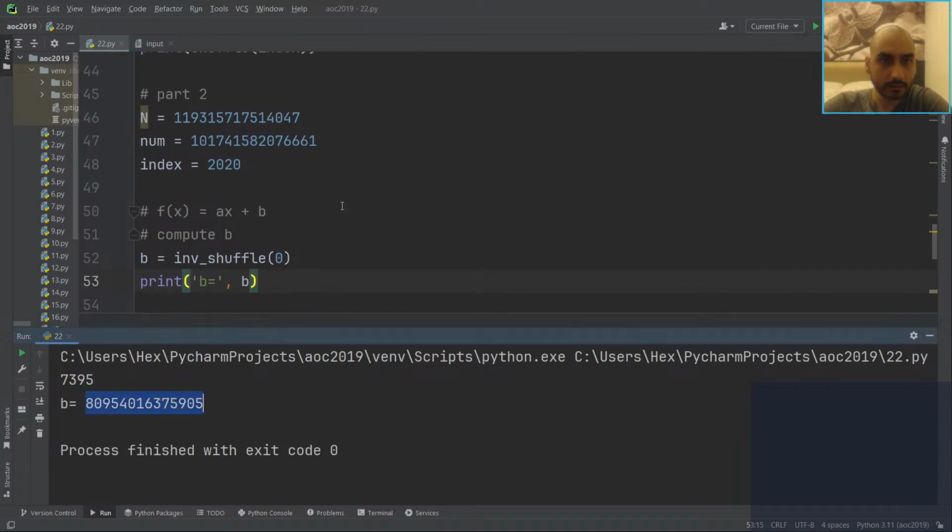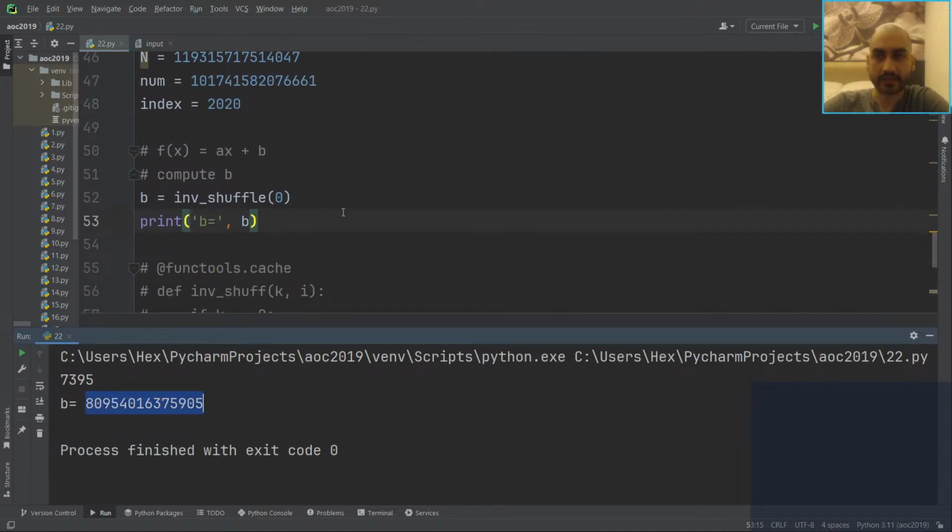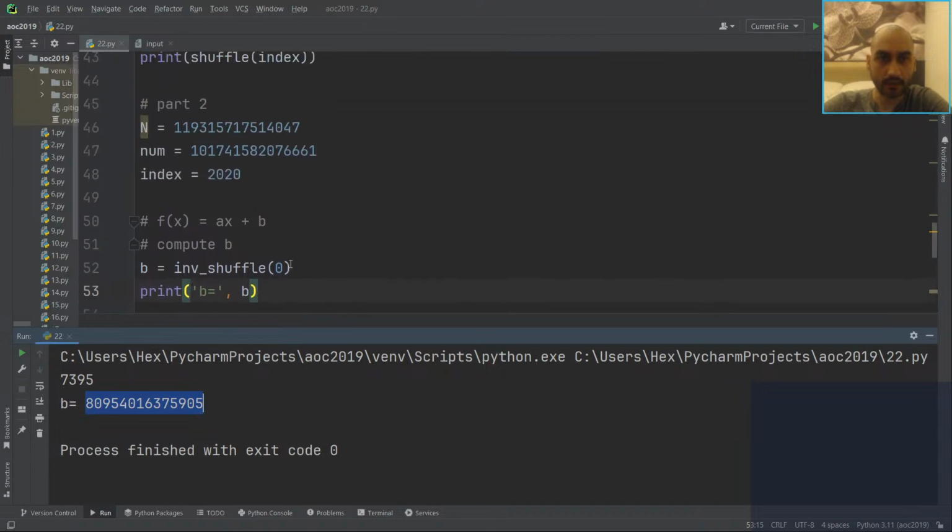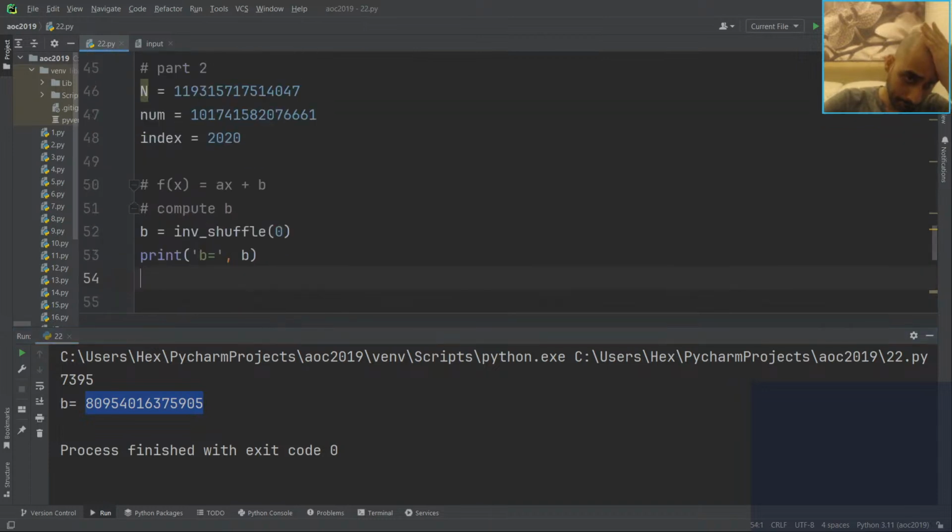Is that within... Yeah, it is. Okay, so now we want A. So if we do inverse shuffle of 1, that would be A plus B. So then subtract B, that would be A, right?